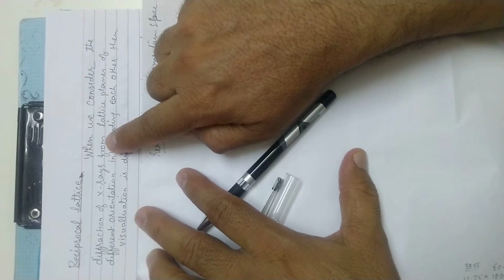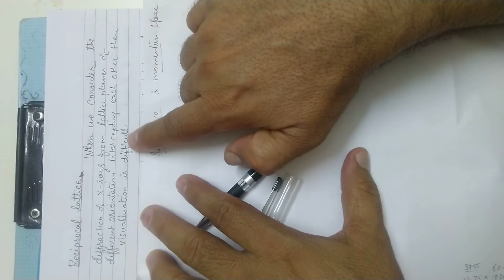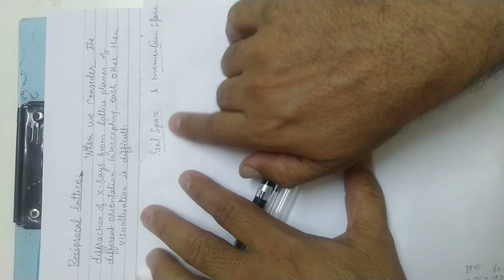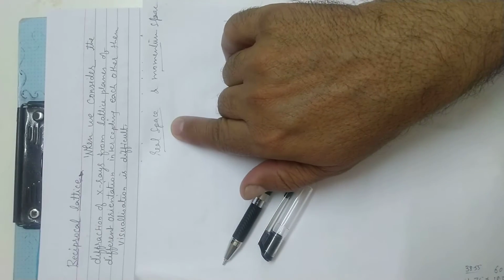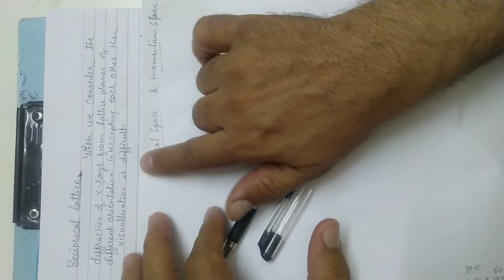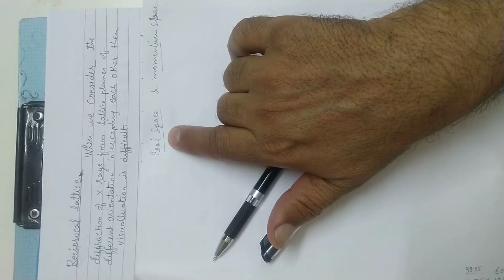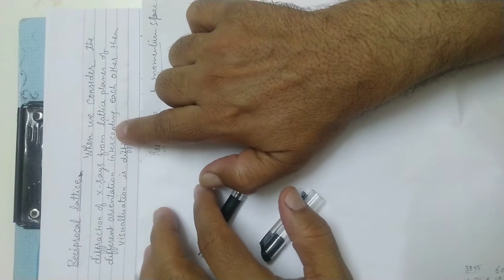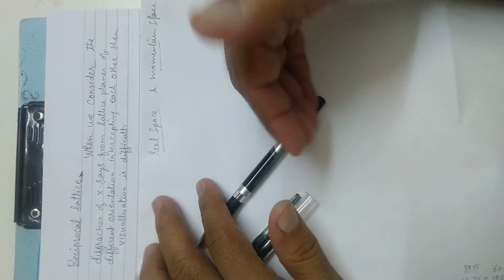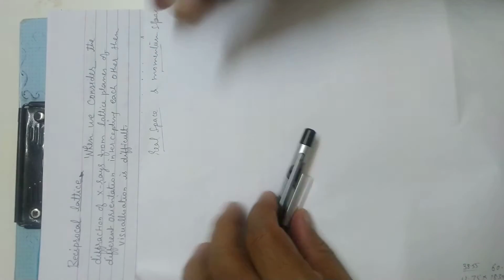So that's why I have written that when we consider the diffraction of X-rays from lattice planes of different orientations intercepting each other, then visualization is difficult, particularly in the real space. So we define an inverse space of the real space, that is the reciprocal lattice space, and whatever information we are getting in the form of a plane in the real space becomes a point in the reciprocal lattice space.